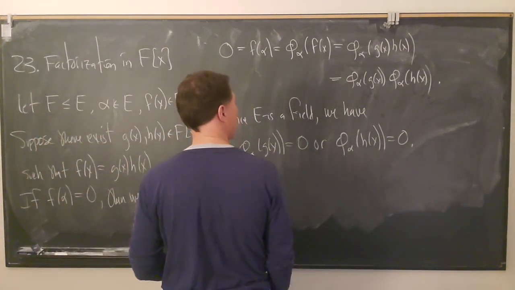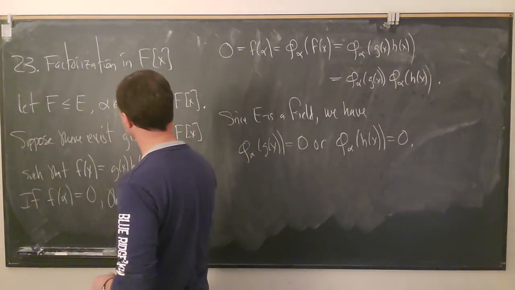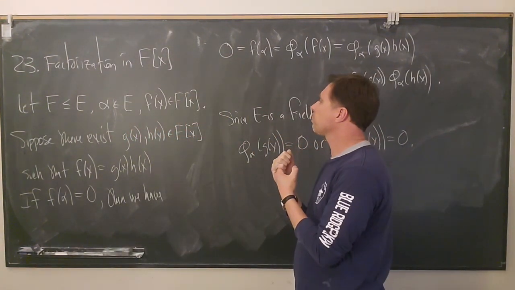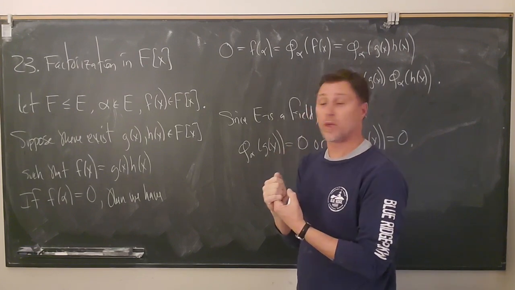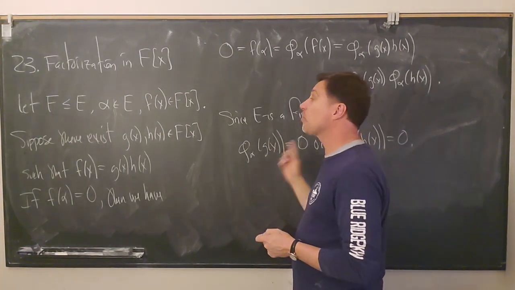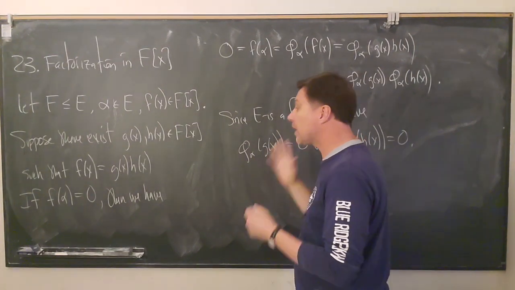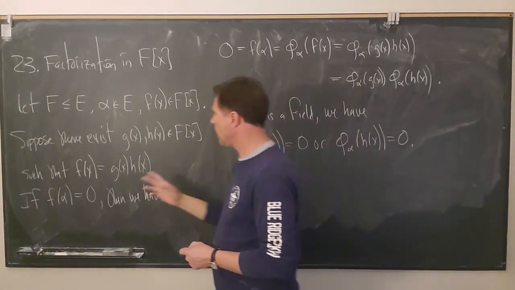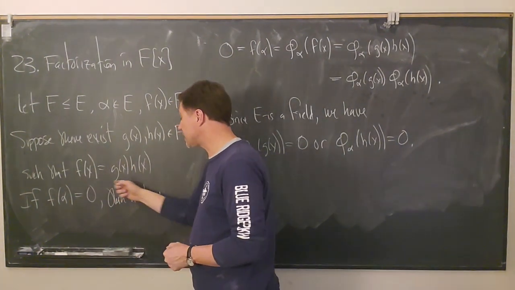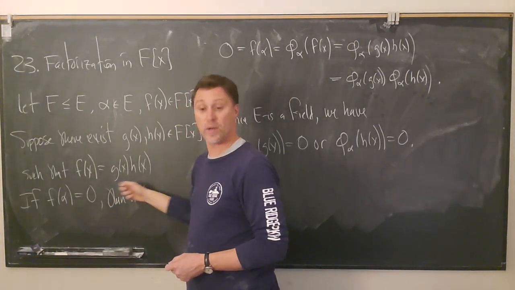If you want to understand zeros of polynomials, then this observation gives us the motivation for studying factorization, because finding zeros of this polynomial reduces to finding zeros of the components, the factors here.